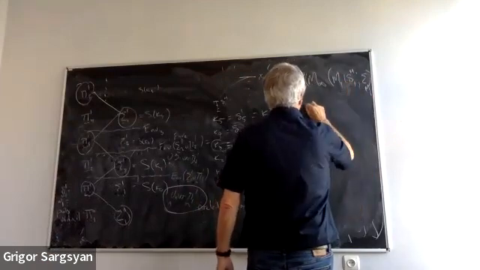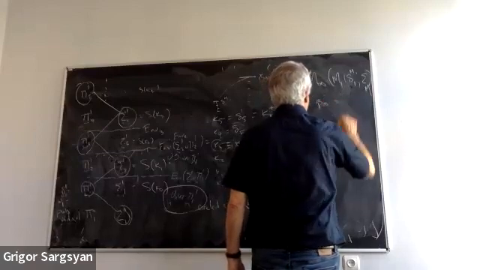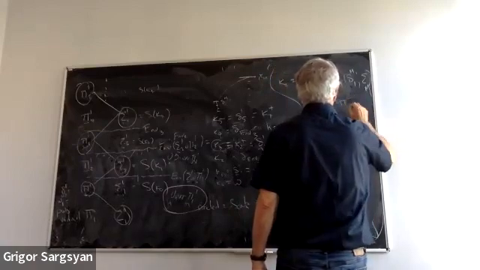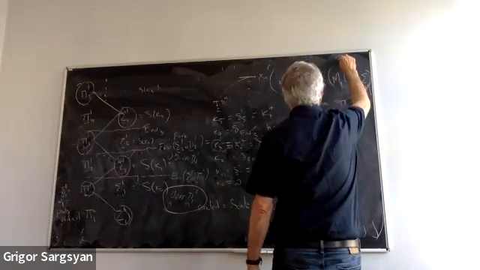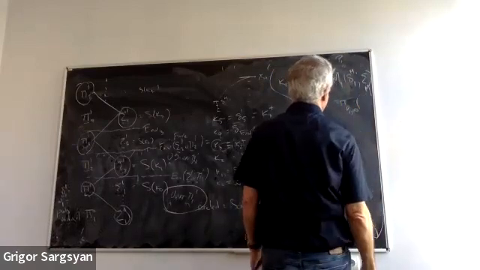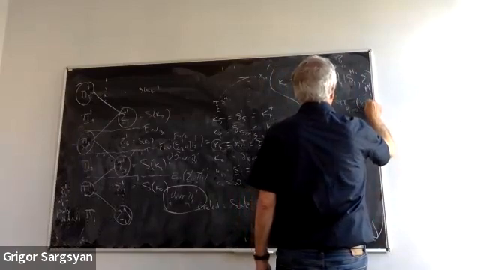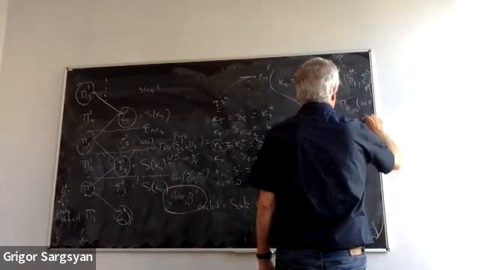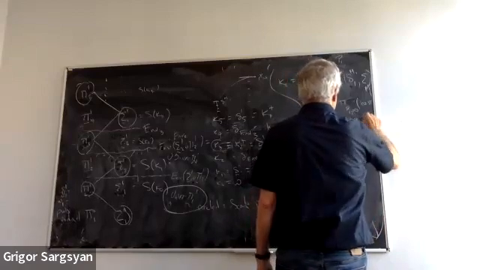So let the image of this P1 by P1 infinity be the least strong to delta 1.